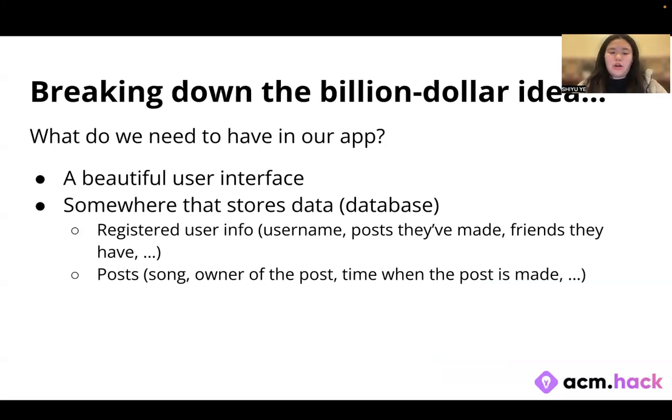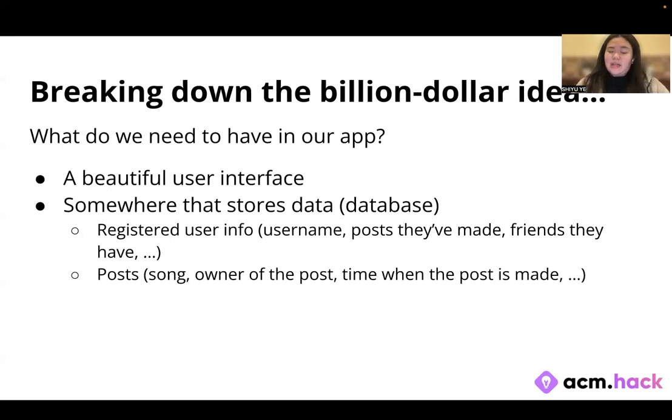The database will store our registered user info, which includes user's username, their past posts, and the friends they have, or probably some other information as well. We also need to store all our posts in the database, which include the song itself, the owner of the post, the timestamp of the post, etc.